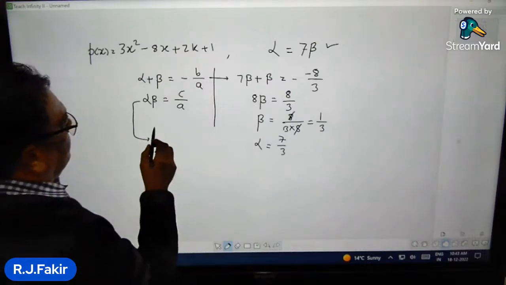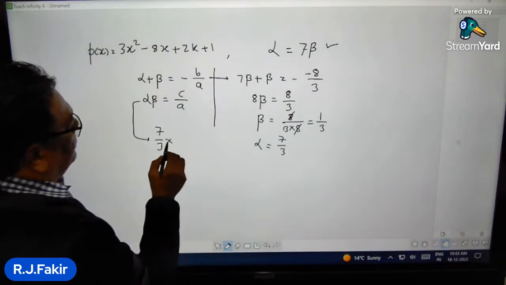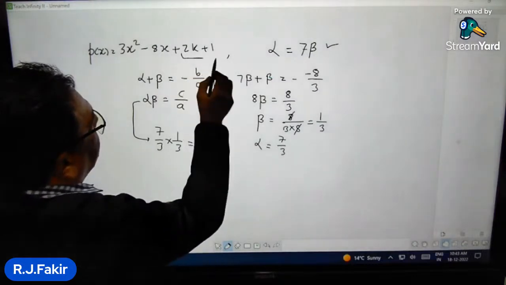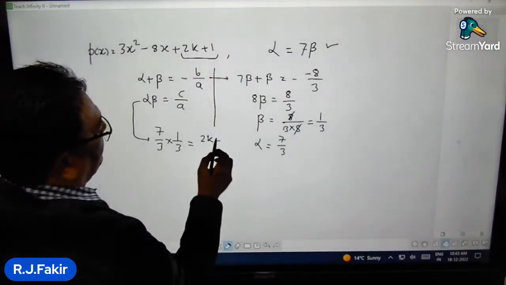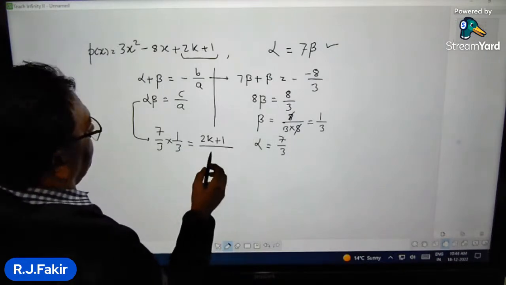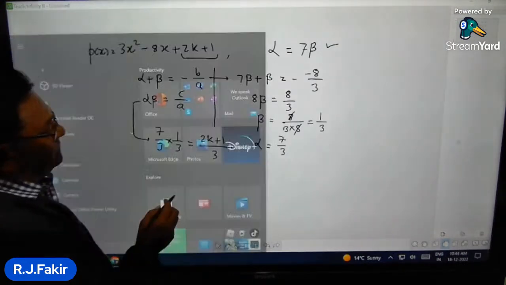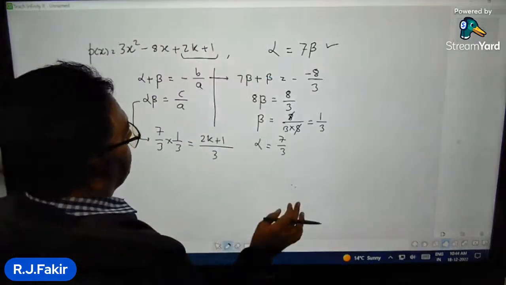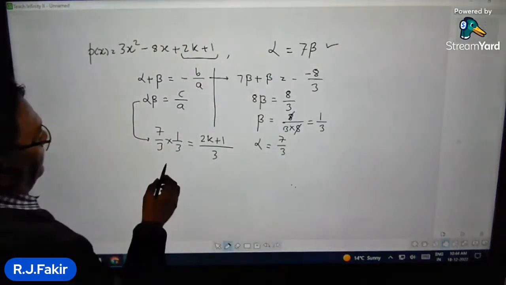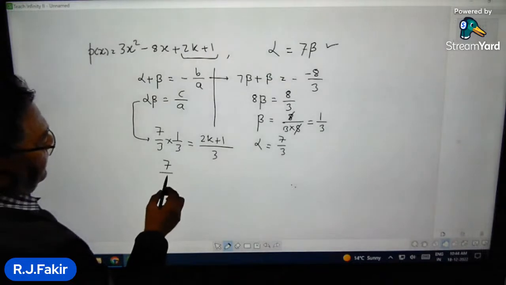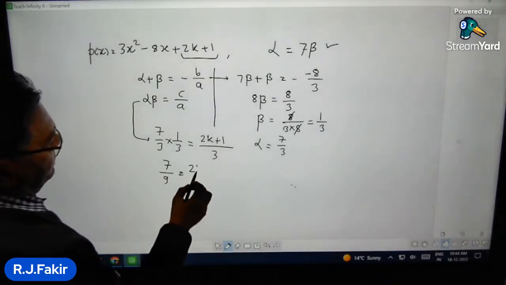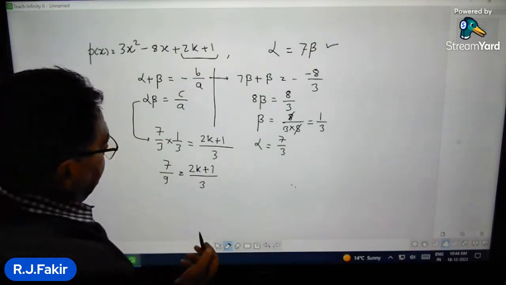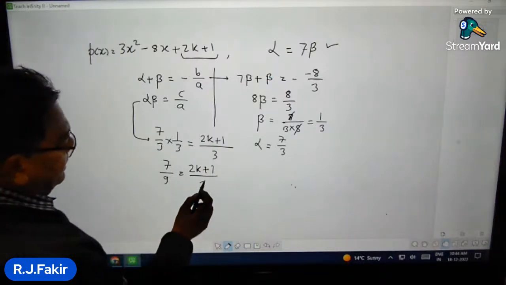We can put here 7 by 3 into 1 by 3, that equals c by a. Now what is c? See, this complete term is c. It is 2k plus 1 upon 3. So this will be 7 by 9 equals 2k plus 1 by 3. Now by cross multiplication you can solve it.